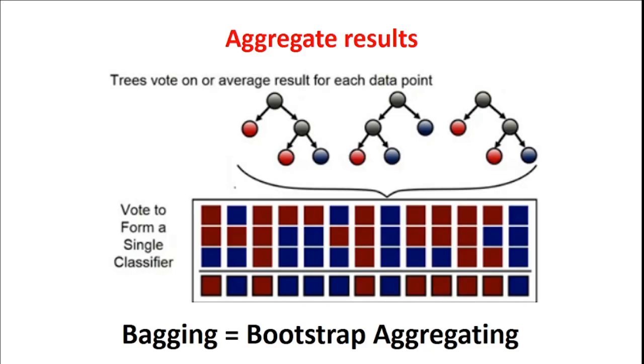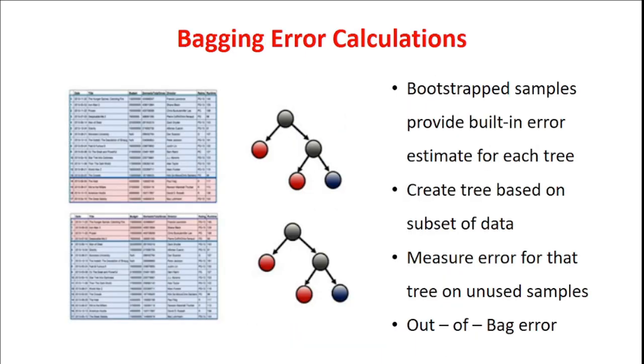In other words, bagging is otherwise called bootstrap aggregating. Now, in each data set, there is some 1 by 3rd of data that is unused. That unused data is collected together to create a tree and measure error for the particular tree on unused samples. Let me repeat.